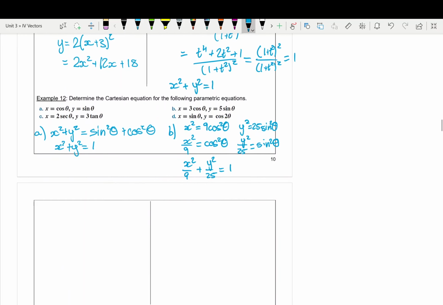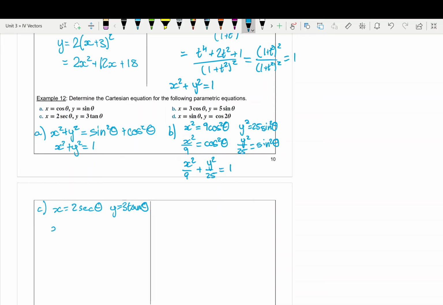All right. Part C, we're looking at x equals 2 secant theta and y equals 3 tan theta. So we have to use the property that secant squared theta minus tan squared theta is equal to 1. So we need to square both of these terms again.